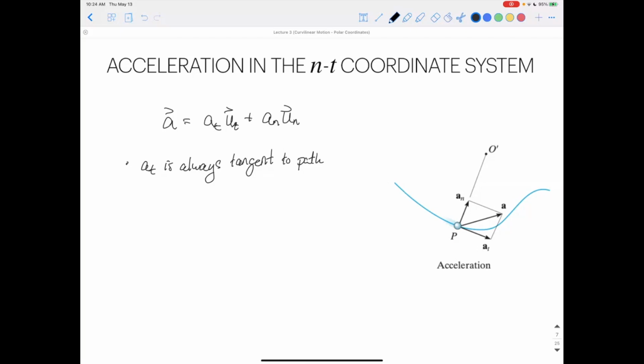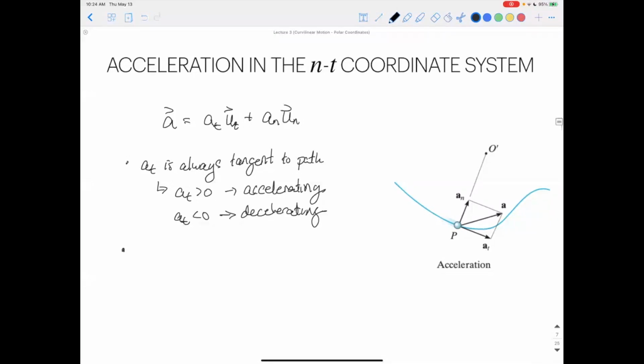If AT is positive, we're accelerating. If AT is negative, we're decelerating. So if AT is greater than 0, we're accelerating, and if AT is less than 0, we're decelerating. We're slowing down.